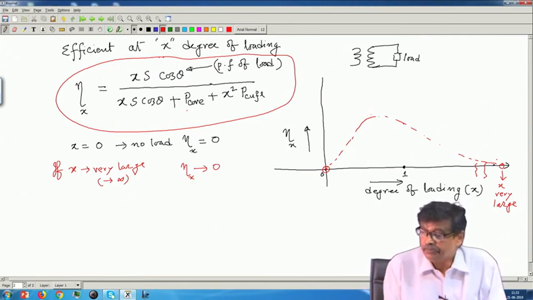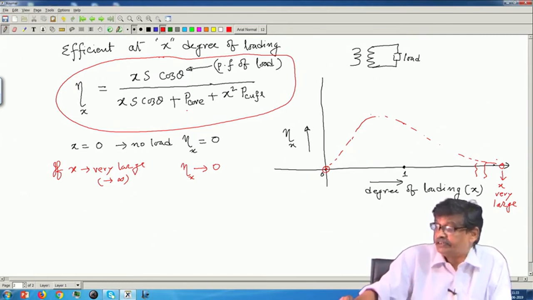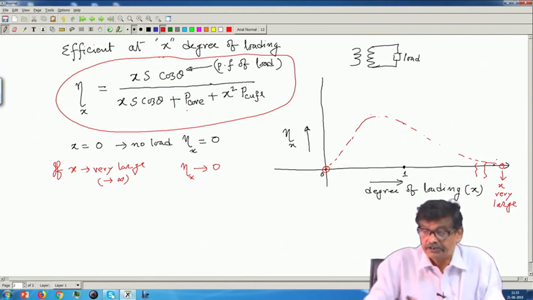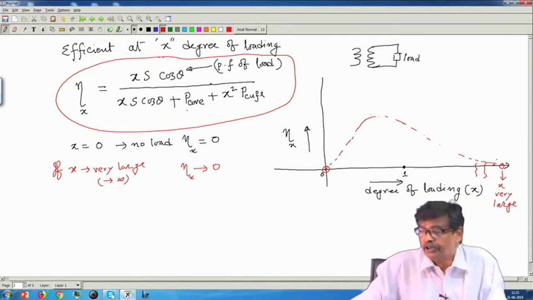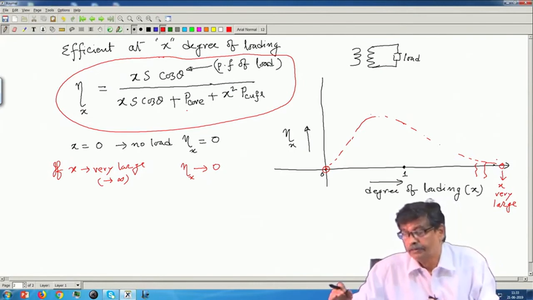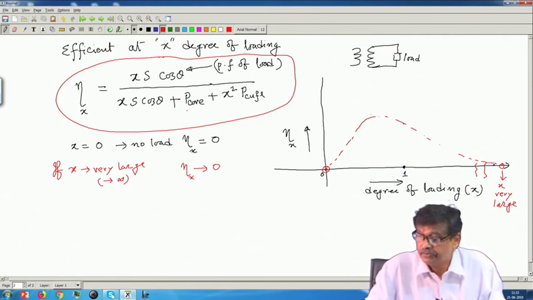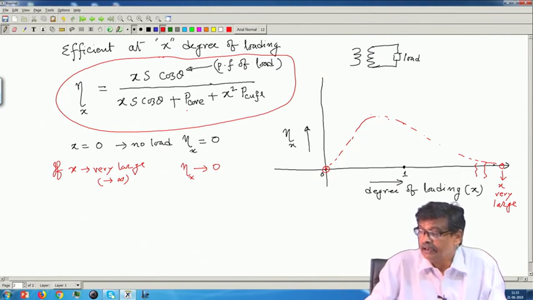Therefore, efficiency will rise, then finally it has come to 0 once again, and it is a very reasonable expression, function of x, no complications. Therefore, it will be a smooth curve, and I would expect the efficiency to rise initially, and later it will start decreasing and becomes 0.